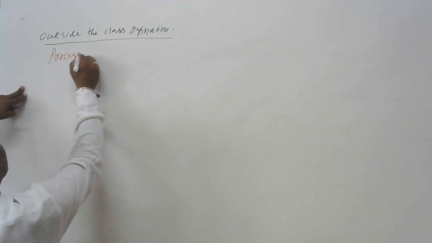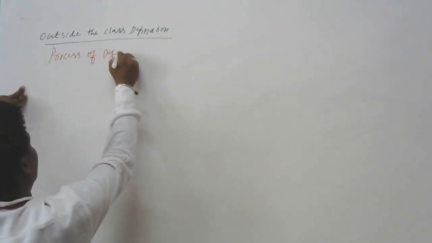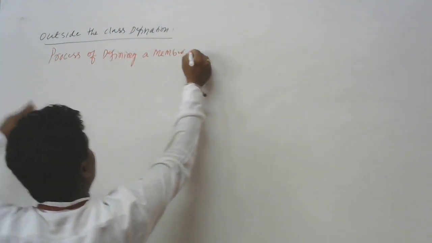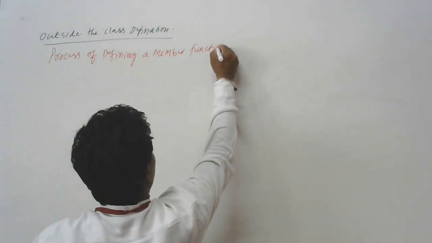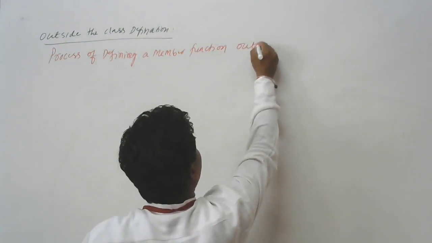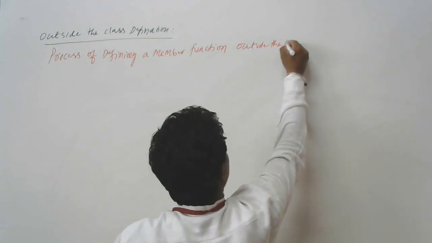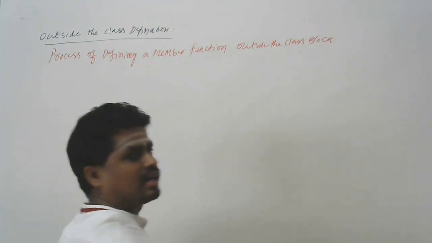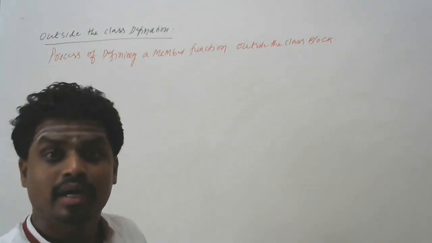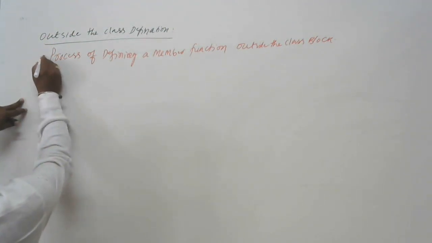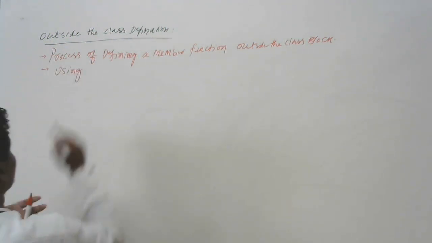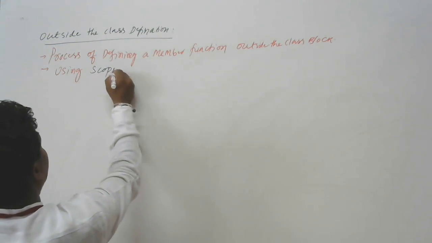Here, the process of defining a member function outside the class block is called outside the class definition. But how are you calling? This is the first point. Second point, using the scope resolution operator.